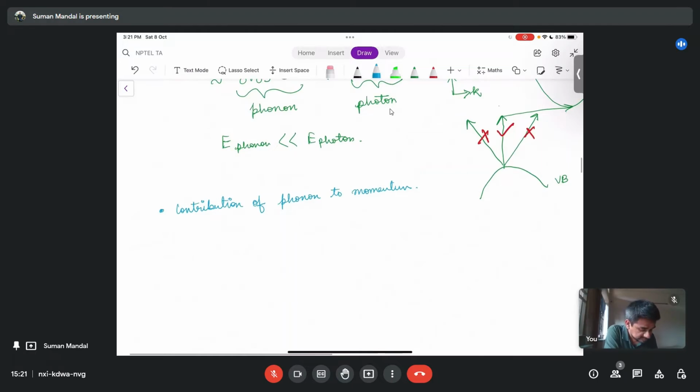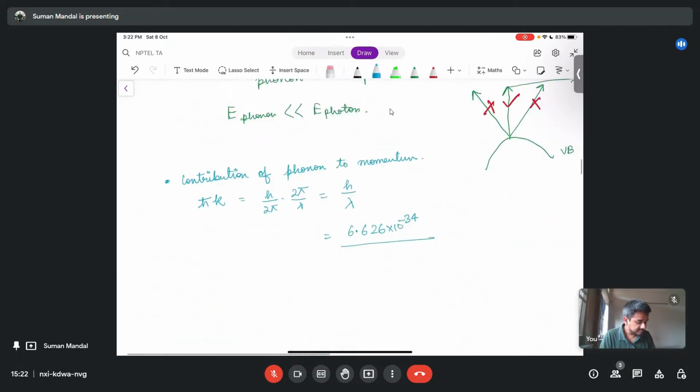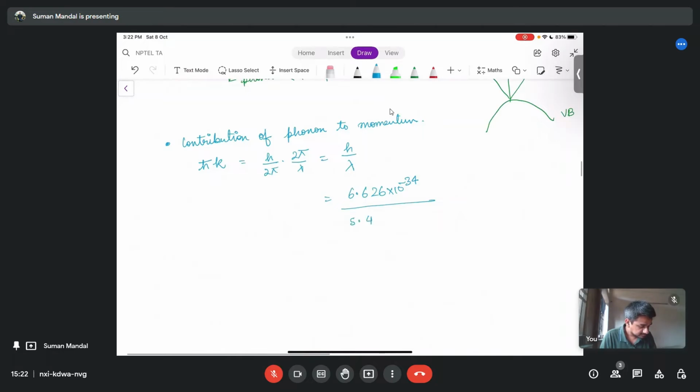So what is the formula for crystal momentum? It is h cross k. So it's nothing but h by 2 pi into 2 pi by lambda, which is basically h by lambda. So again, if you put the value of h, 6.626 into 10 power minus 34, divided by lambda, which was around 5.4 into 10 power minus 10, this is in kg meter per second.